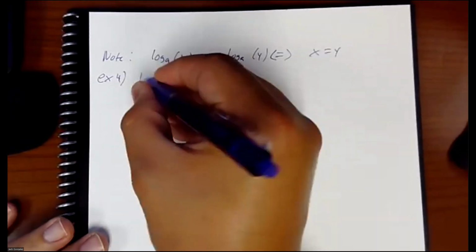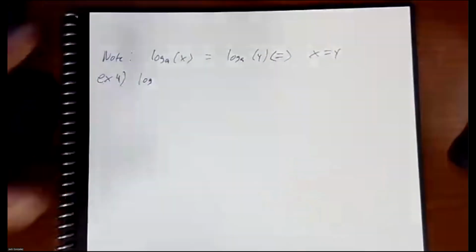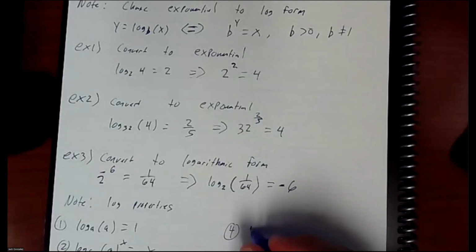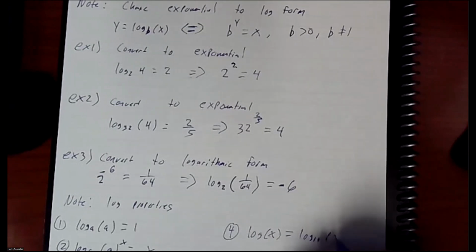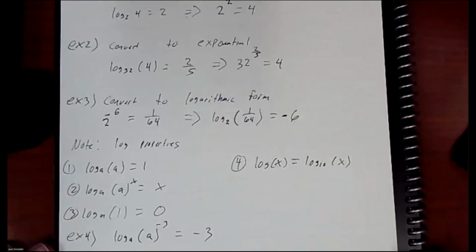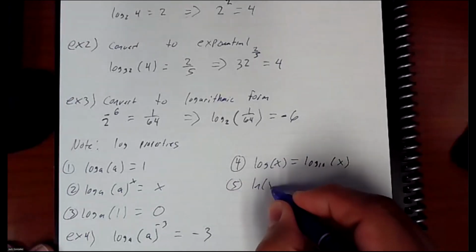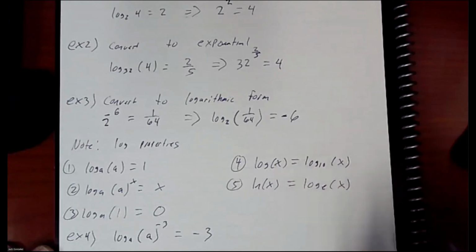So first example, oh, actually, let me give you one more note that I forgot about. If they don't write a number, it's understood to be the common log, base 10. If they write ln of x, the natural log, that's the same as saying log e x.